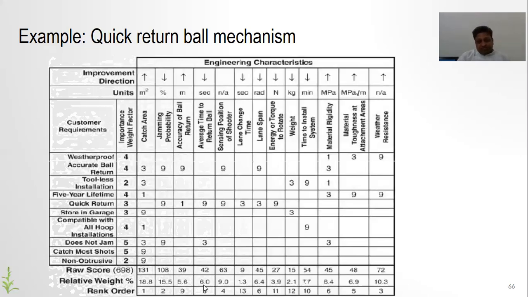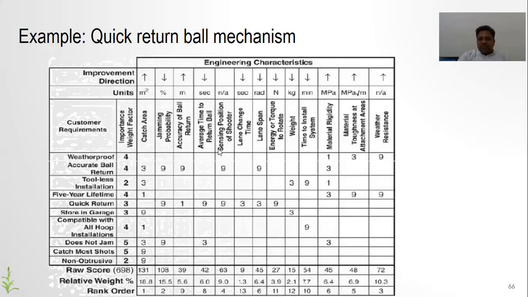So catch area. If square meters is going up, it is good. Then jamming probability, percentage. If the percentage is going down, it is good. Accuracy of the ball return. If the dimension specification is going down, it means it is very accurate and precise.